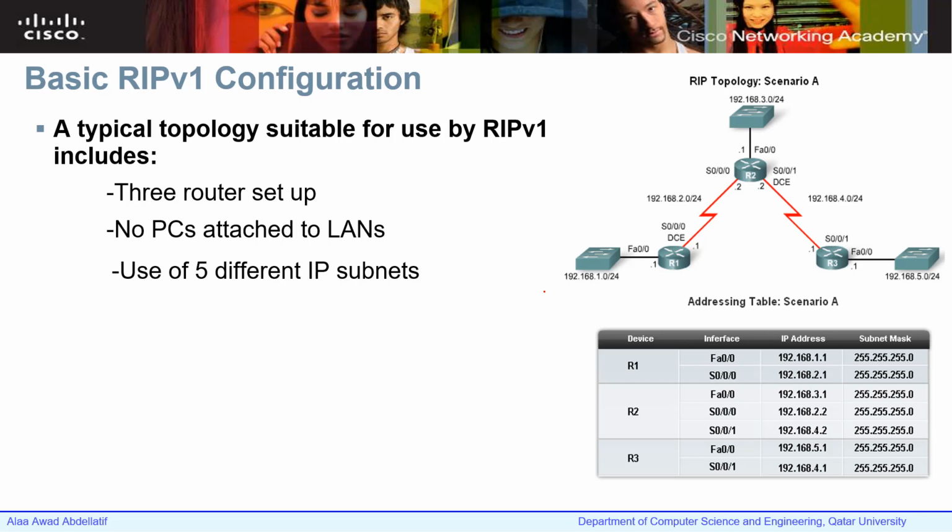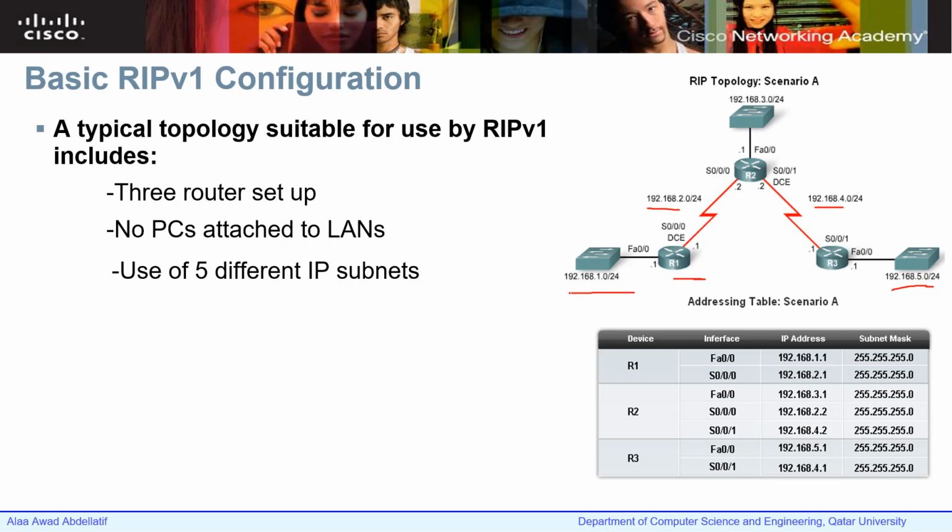This is an example of the typical, easy topology that I can use RIP on. For example, here we consider 3 routers, R1, R2, R3, with these IP addresses. All these IP addresses belong to class C, so I can detect the class for each one, so it's classful.